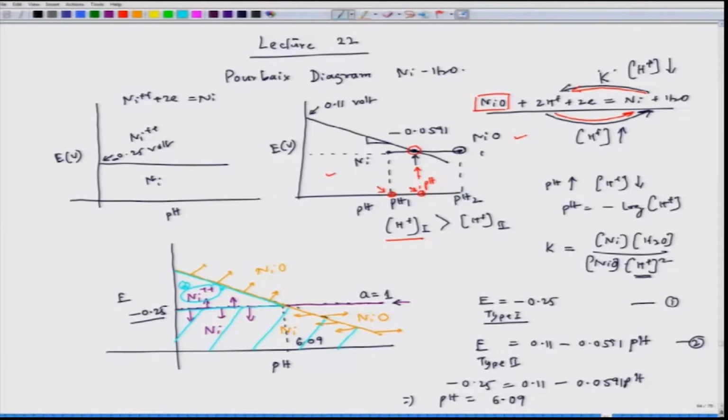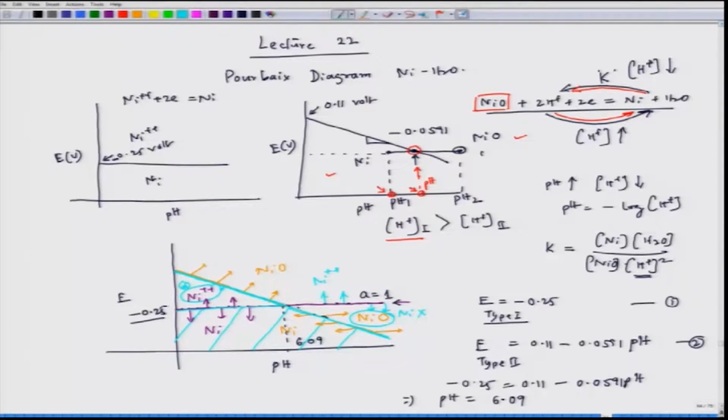And similarly, if we see this part, right top of it, it should be NiO, Ni plus plus, and on the bottom side it should be nickel. But already we know that on the right side of this line it should be NiO. So, nickel should not be present on top of this line.